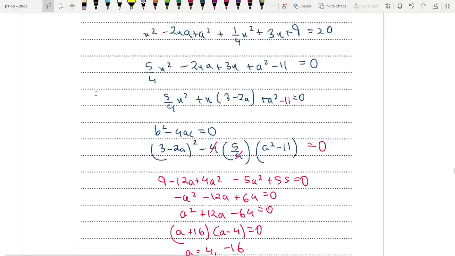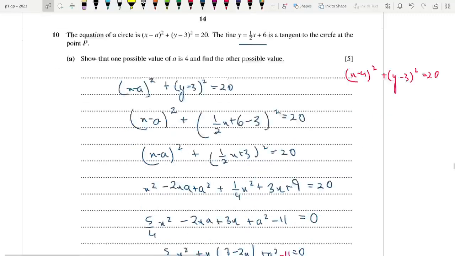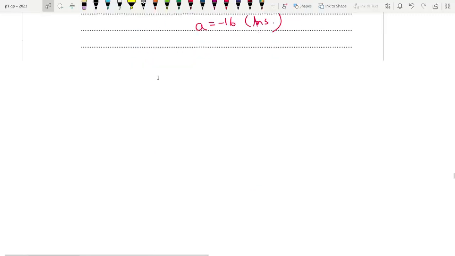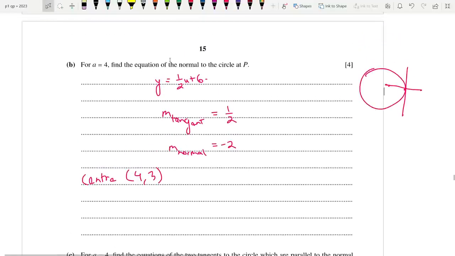And what's the center of the circle for a is equal to 4? So that's (x minus 4) whole square plus (y minus 3) whole square equals 20. So the center is (4, 3). Okay. So let's find the equation of the normal. We know that the normal must pass through the center, right?